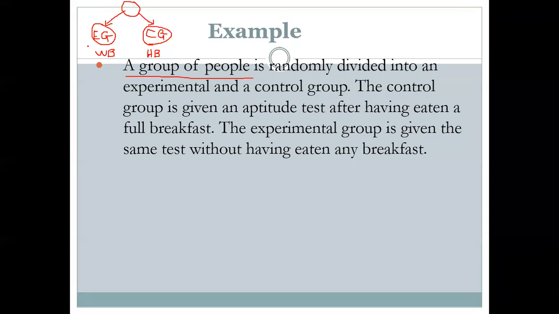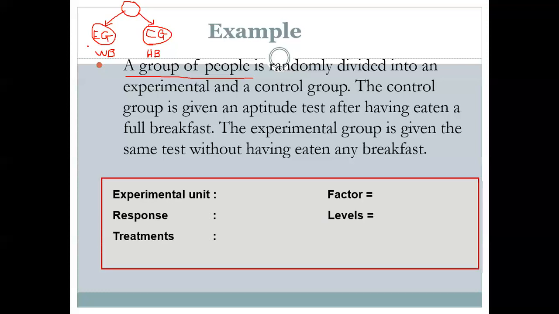Now, what is the experimental unit in this question? If you refer to the previous slide, as I mentioned, the experimental unit refers to the object or the subject that we want to measure. So in this group, what is the subject that we want to measure?